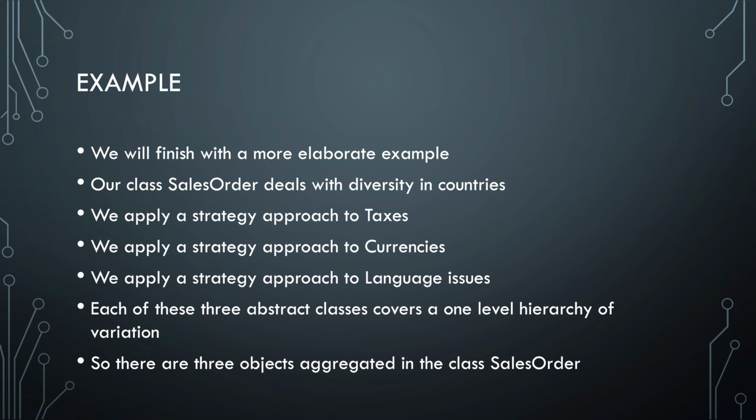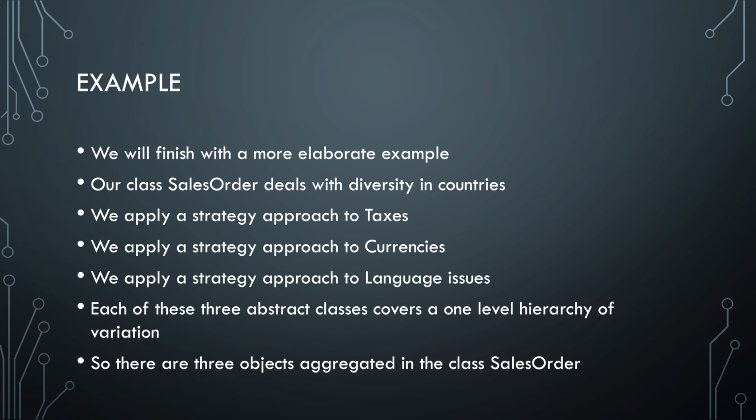Now let's extend the sales order example a bit and apply the strategy pattern there in more places. We dealt with the variation in tax computation, but let's now also use the strategy pattern for currency conversion and language. For each of these two variations, we use a separate strategy pattern. Each pattern introduces a new abstract class to encapsulate that variation. This means that in the end, we aggregate 3 objects in the sales order class.